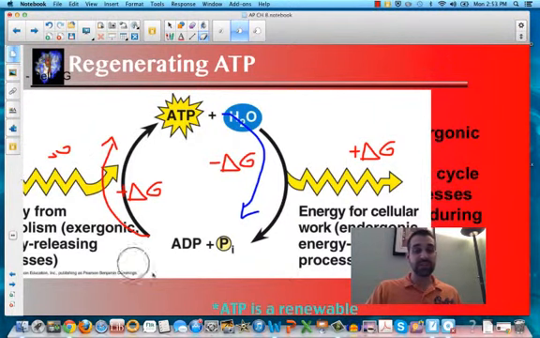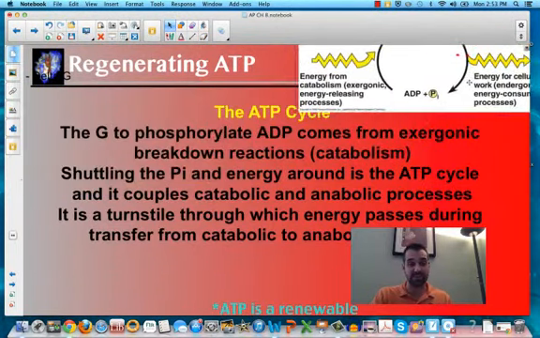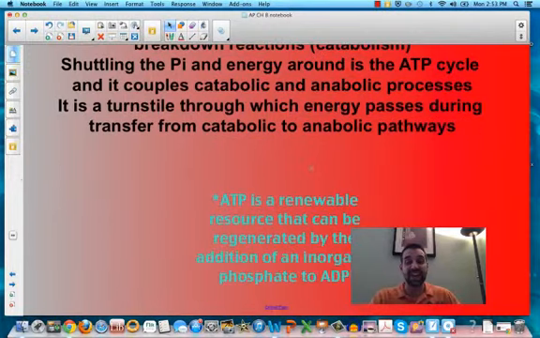And so what this really means is that ATP couples all of our cellular processes. Okay? The free energy that's used to phosphorylate this inorganic phosphate to ADP comes from the exergonic breakdowns, or our catabolism. Then it allows for ATP to release the energy back out.